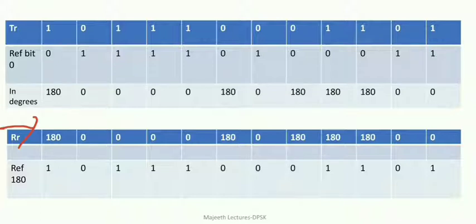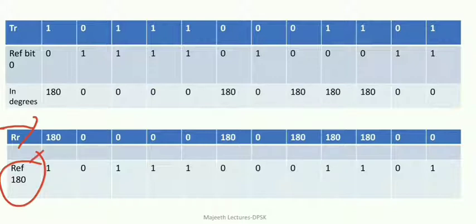How do we decode this? As in the transmitter, where we took bit 0, here you take some phase as the reference, 180 degrees as the reference. Now we again do the same comparison.